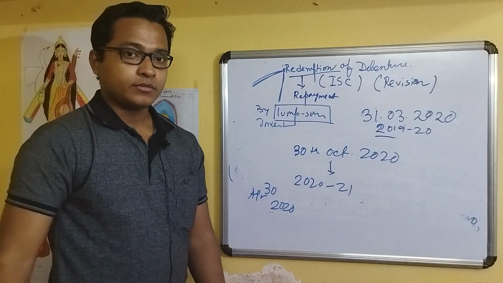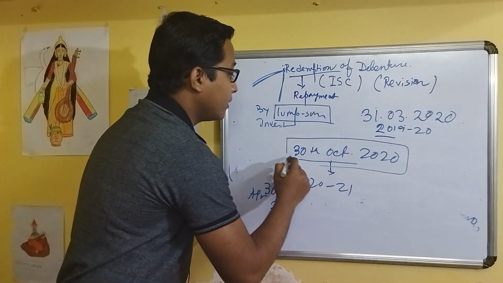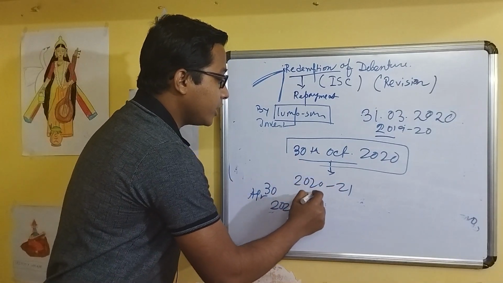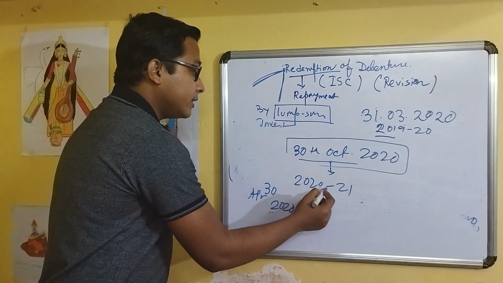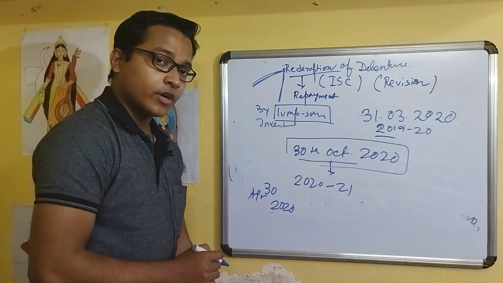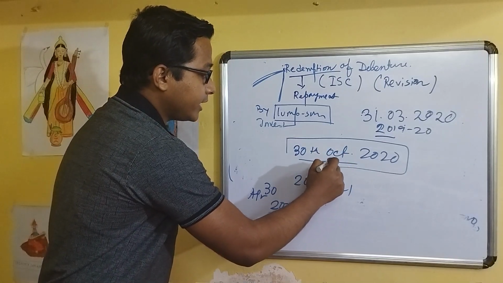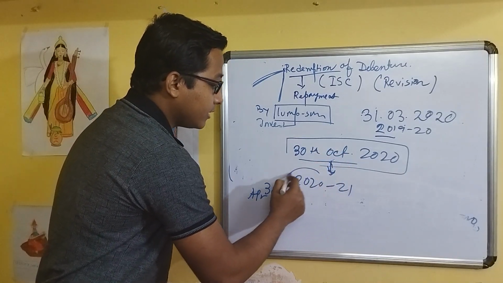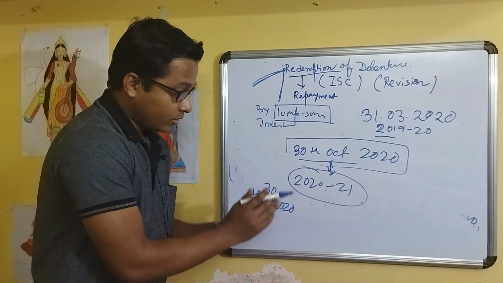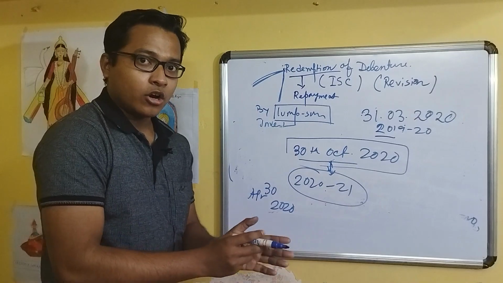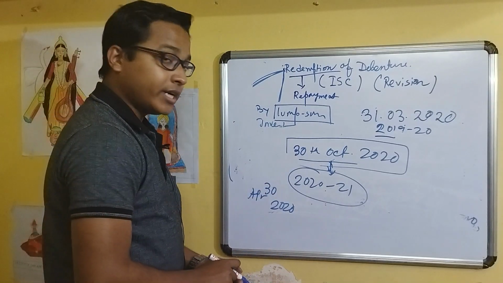2020. Since the debenture is redeemed in the financial year 2020-21, and this date falls in this financial year, the DRI should be made by or on 30th April of the financial year in which the debenture is going to be redeemed.